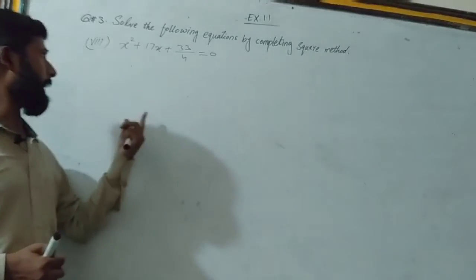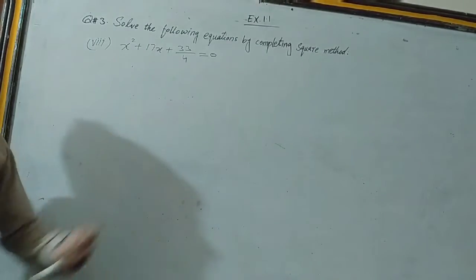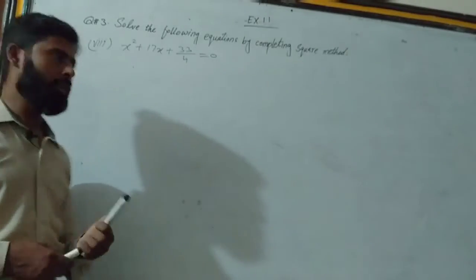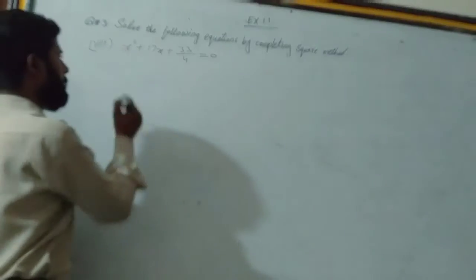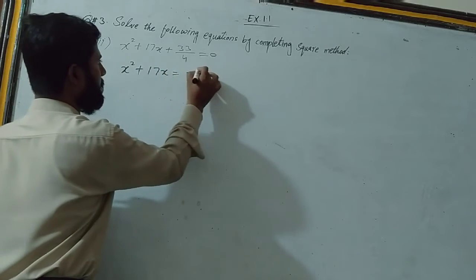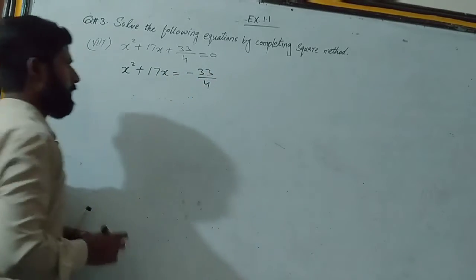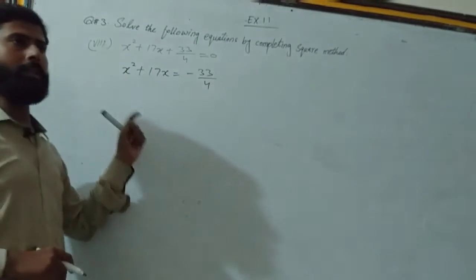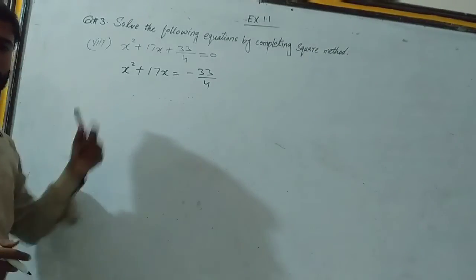Now question number 8 is given to us, that is x square plus 17x plus 33 by 4. The first step is to separate the constant, so it will be x square plus 17x is equal to minus 33 by 4. Second, the coefficient of x square we have to make 1, which is already done.